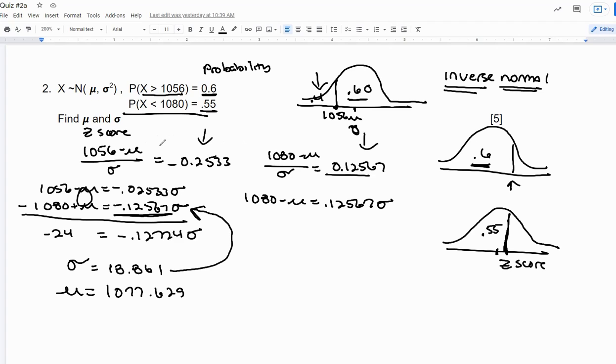Where they get different is sometimes both of the z-scores are positive, sometimes both are negative, sometimes one's positive and one's negative, and you have to be able to figure it out. Does that make sense? But after that, we're just, like you say, solving two equations simultaneously.